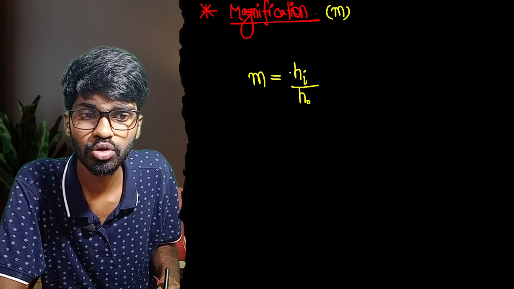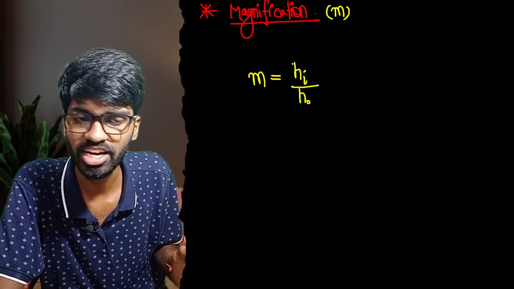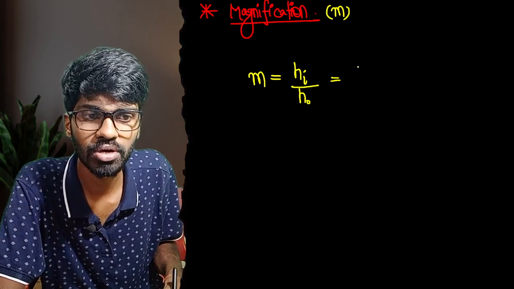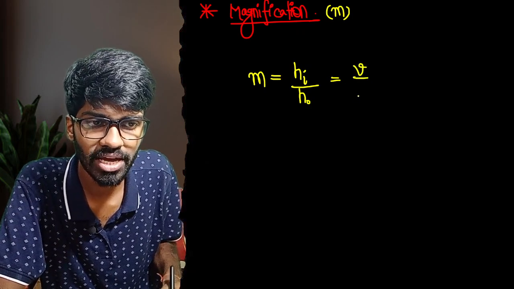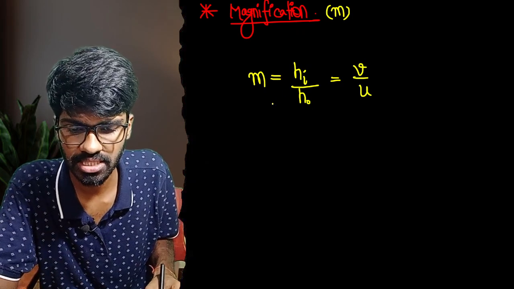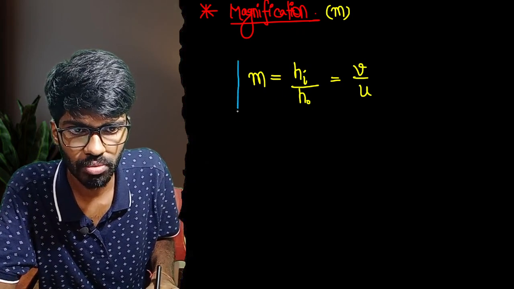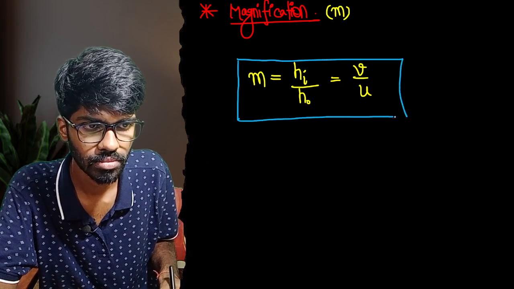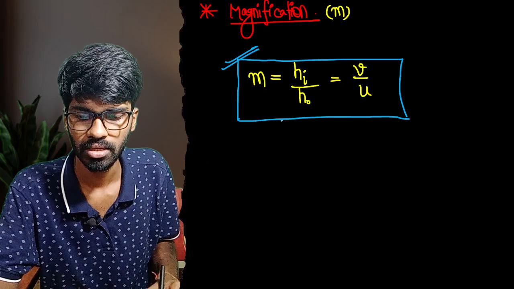So this is equal to the ratio of height of image to height of object. Similarly, this will be equal to image distance by object distance. Okay, this is a very important formula.